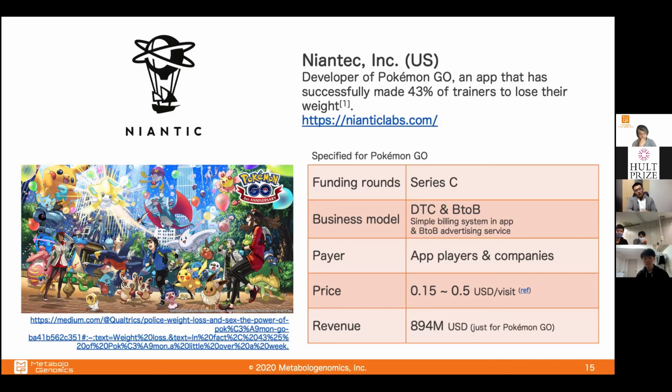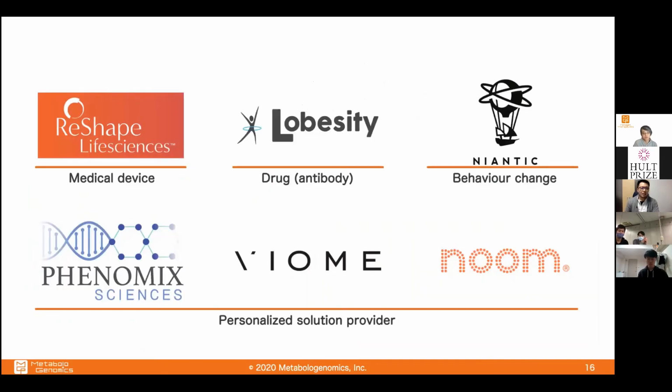And this business model is significant, and they have got revenue of nearly 900 million just for Pokemon Go in 2019, I think it was. So this is a quite tremendous business model which was recently established. So this is just a general introduction of the examples.